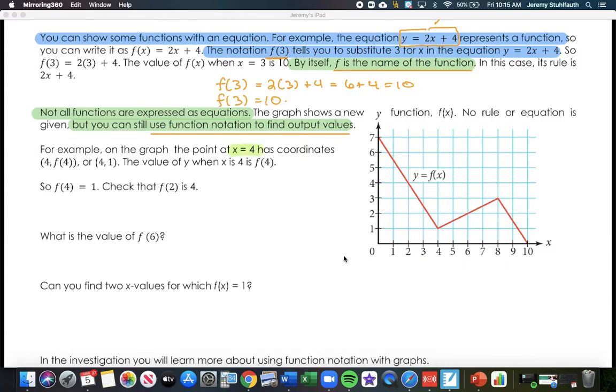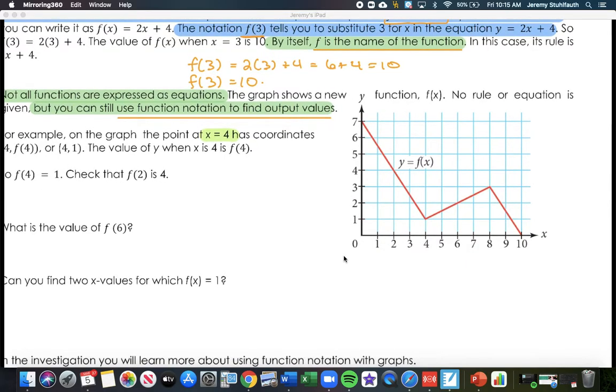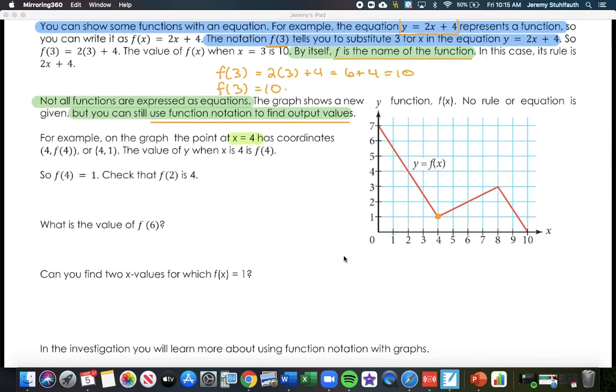If you look at the graph of this function, when x is 4, the y value is positive 1. So we can write the ordered pair as (4, 1).